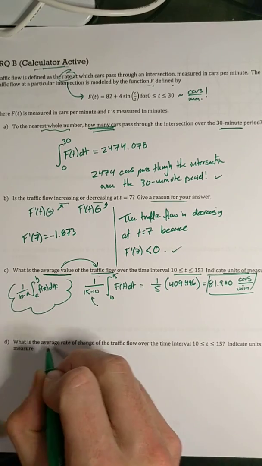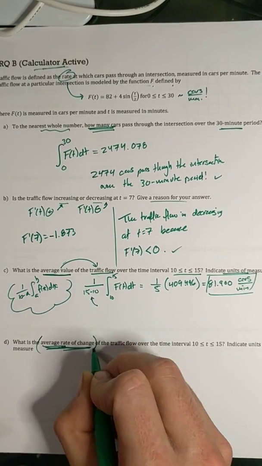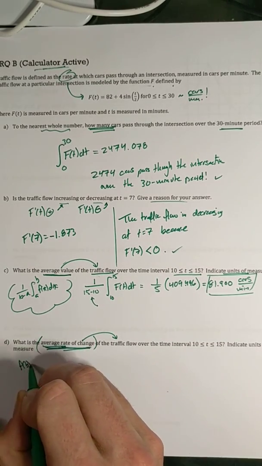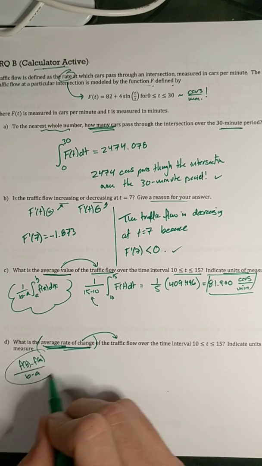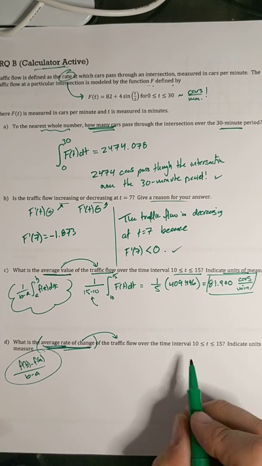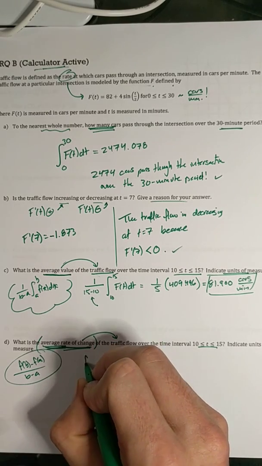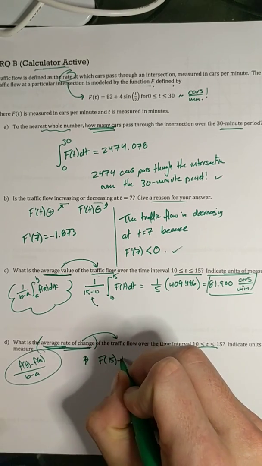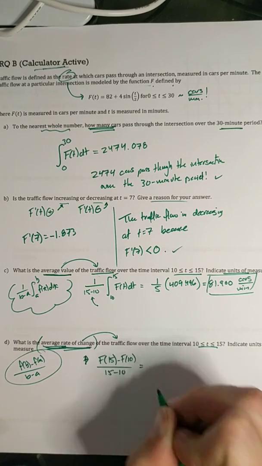So then I get to part D. I'm looking for the average rate of change of the traffic flow. We know the average rate of change formula is f of b minus f of a over b minus a. So here's my interval. Very similar question, slightly different. I'm going to do f of 15 minus f of 10 all over 15 minus 10.